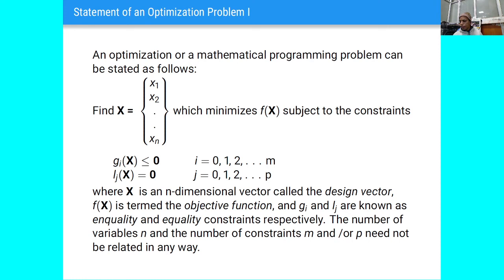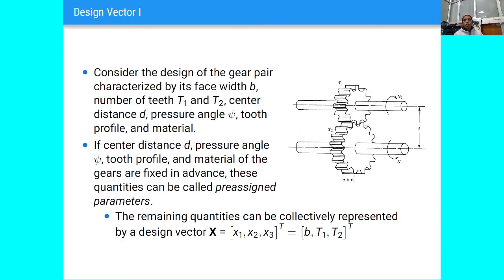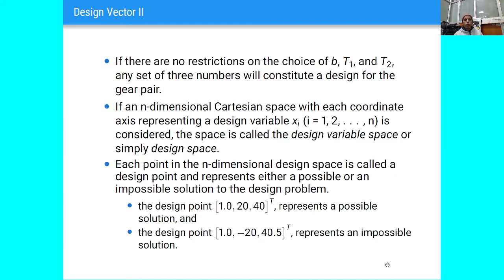Similarly, about T1. In the case of T1, there may be certain desired number of teeth. We may say that there should be at least 10 teeth or 20 teeth. We may put an optimum value depending upon the diameter of your gear arrangement.